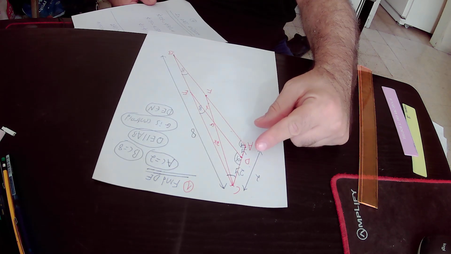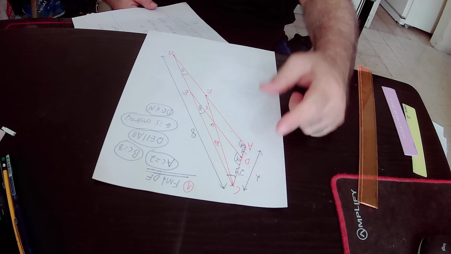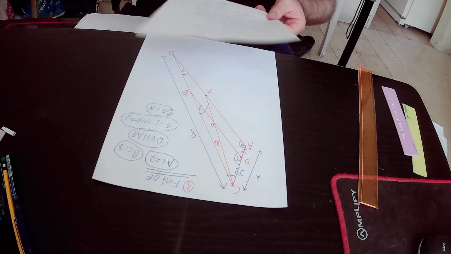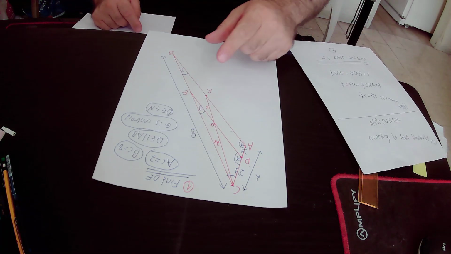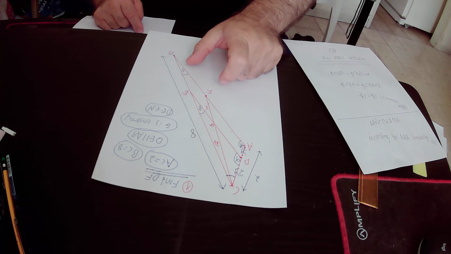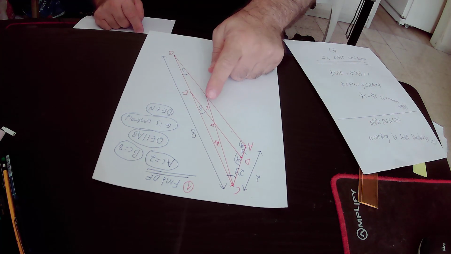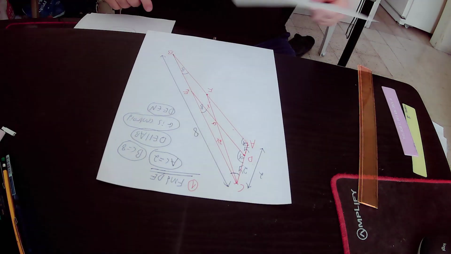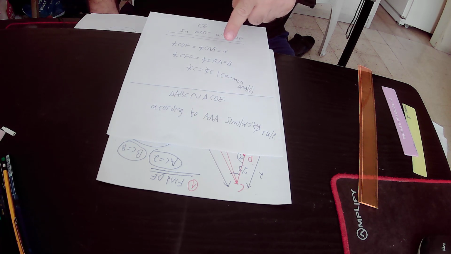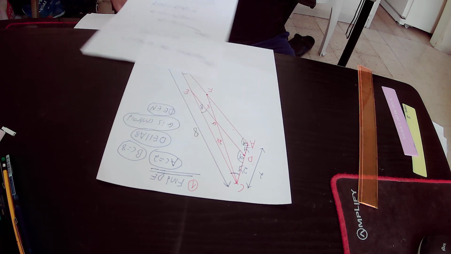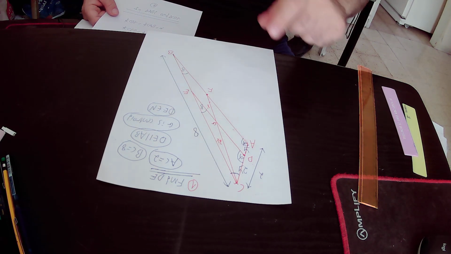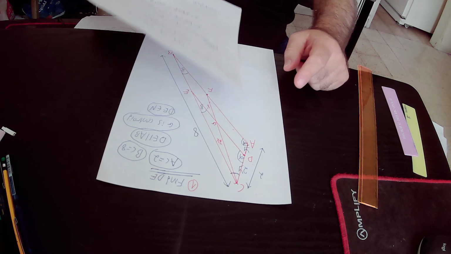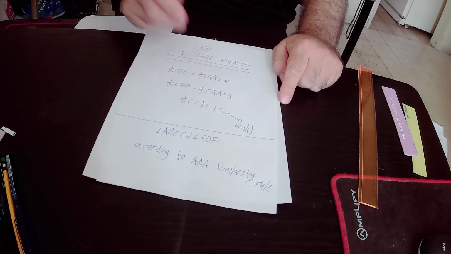And we also know that angle CED equals angle CBA, and both angles are equal to beta. And we also have a common angle, angle C equals angle C. It is a common angle, it belongs both to triangle CDE and to triangle ABC. So angle C is a common angle, so we can write down that angle C equals angle C.